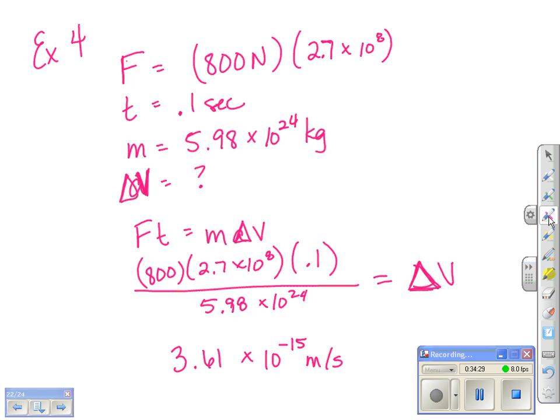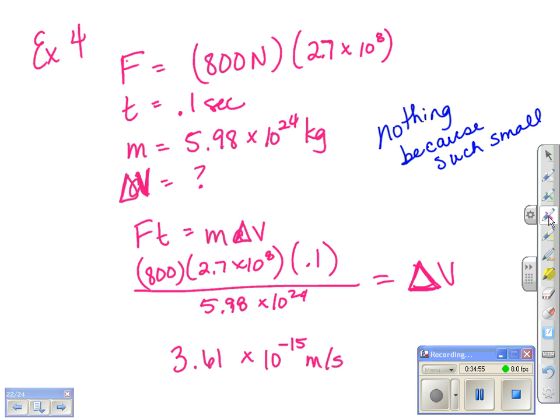That's the speed that the people are going to affect the Earth with. This speed is minute, so the question was, what would happen to the Earth? Nothing. That would be your answer. Nothing, because such a small speed would not change Earth's motion.